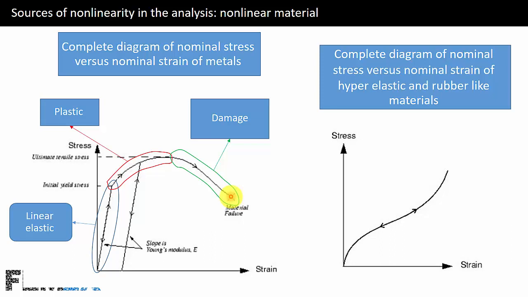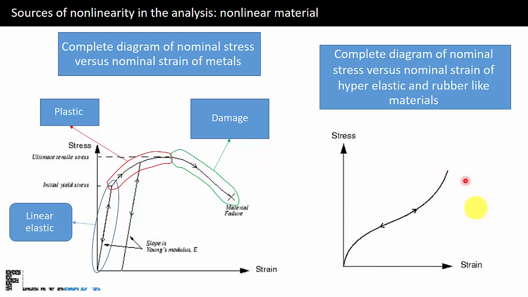If the simulation goes just in this part, the simulation is not nonlinear because the material is linear elastic. But if it goes to this part and this part, the simulation will be nonlinear.